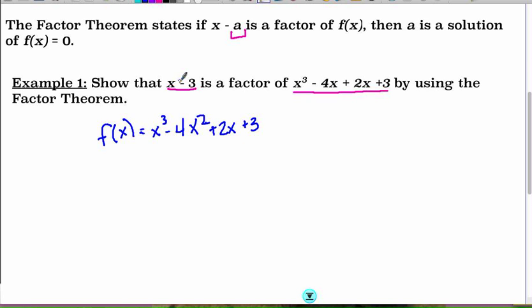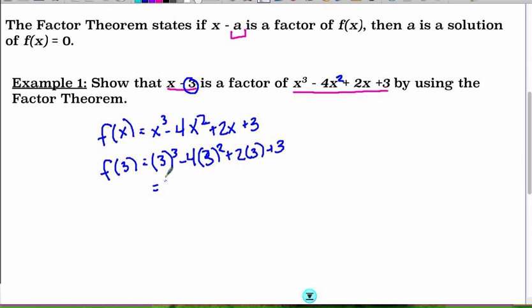So all that I'm doing again is evaluating at f of 3 in this case, just to see if it does give me 0 as a result. So I've got 3 cubed minus 4 times 3 squared plus 2 times 3 plus 3. So I'll write the square up here in case you guys need it.